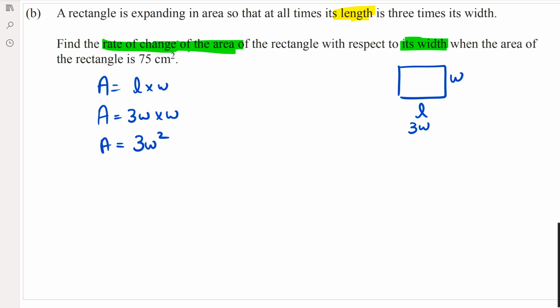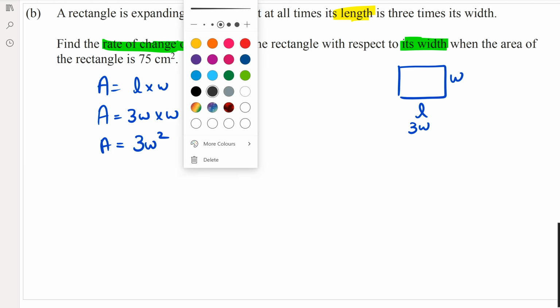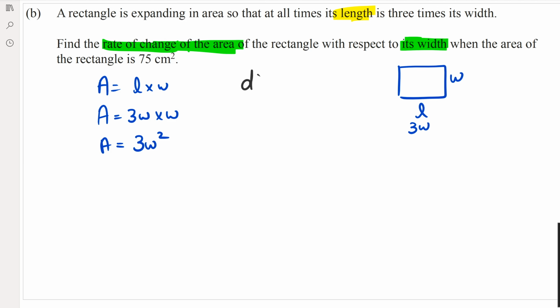So what you're looking for is dA over dW. That's the rate of change of area, that's the dA, and then with respect to width means that's going to be at the bottom there with dW.